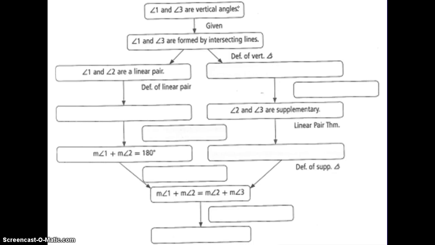Notice that inside the box here, or the bubble, is my statement, and directly outside of it is my reason: given. So, I know that angle 1 and angle 3 are formed by intersecting lines, which means that angle 1 and angle 2 are a linear pair, while also angle 2 and angle 3 are a linear pair.